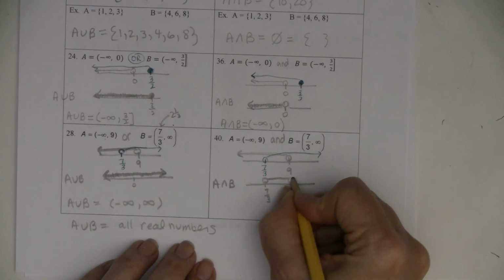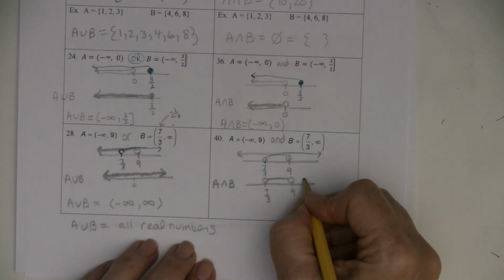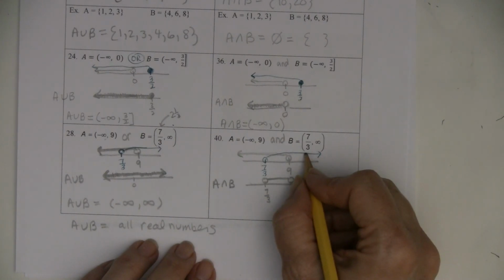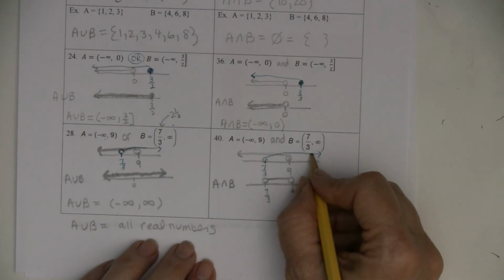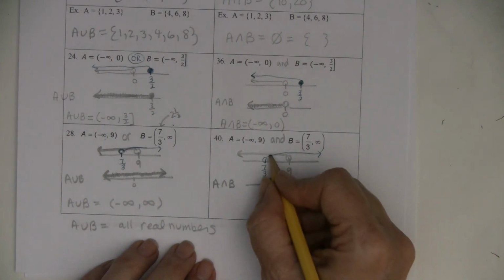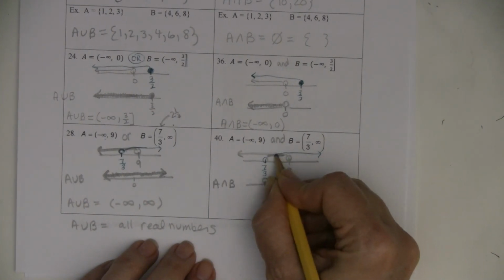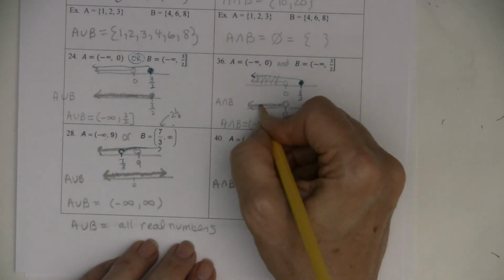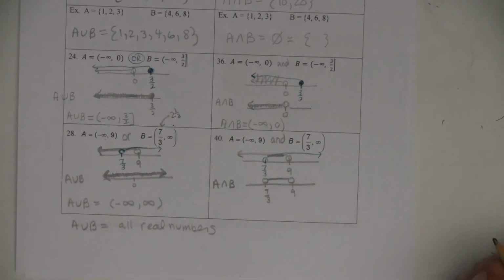So this is open. How about 10? Is it invited by both? And 11 and 12 and 13? No, it's only invited by one, only invited by B. So the things that are in the intersection, where they intersect one another, are the things in between.